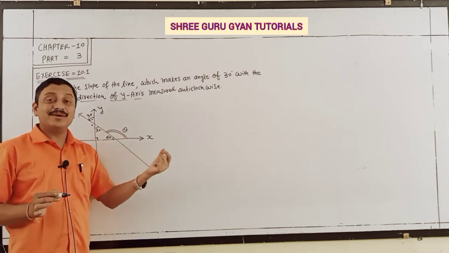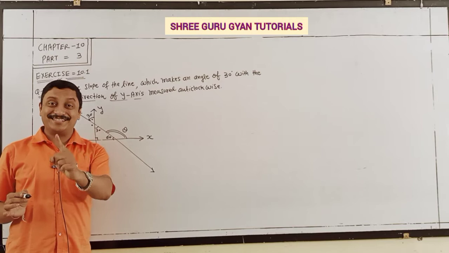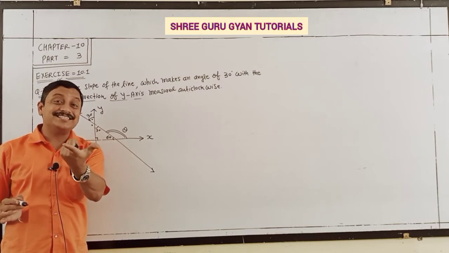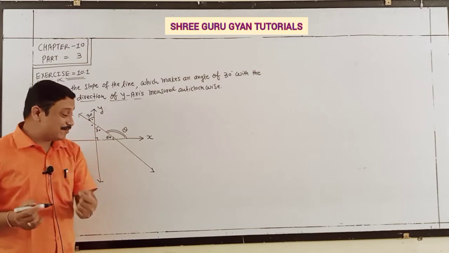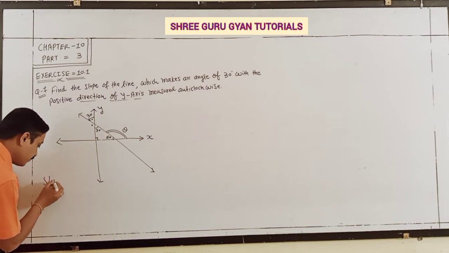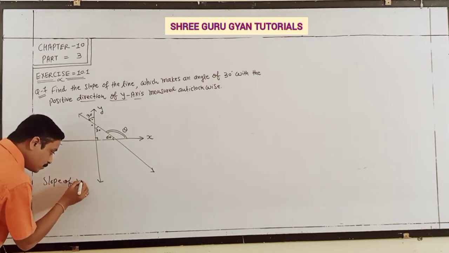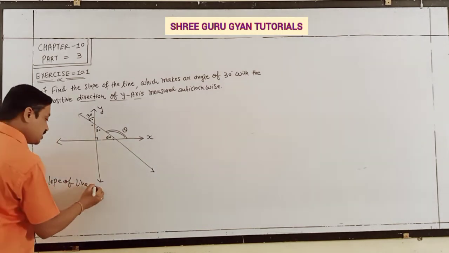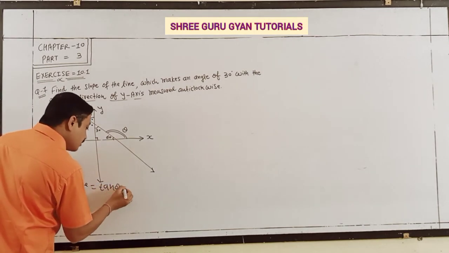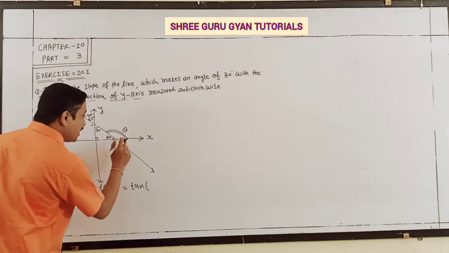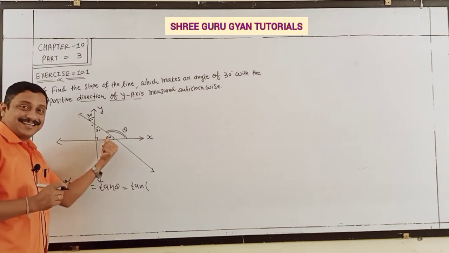What? The positive direction of the x-axis, then it becomes tan theta, and taking the value of theta we derive the slope. So the slope of the line, students, I will write only tan theta, and theta is what? How much? 60. That is theta.